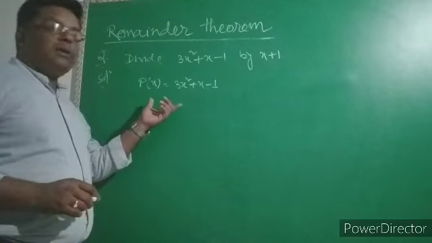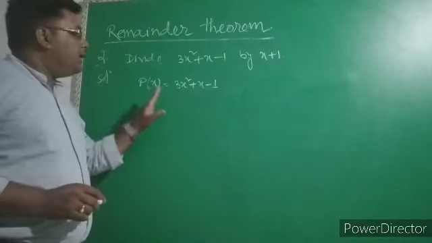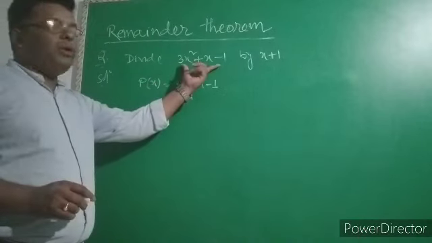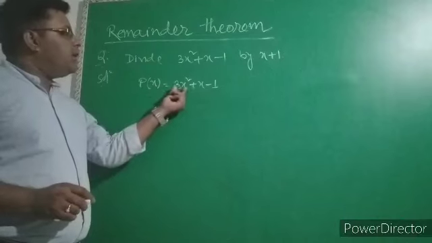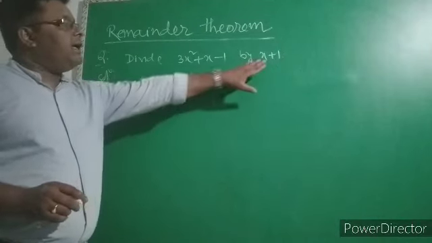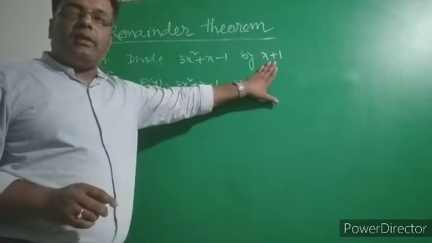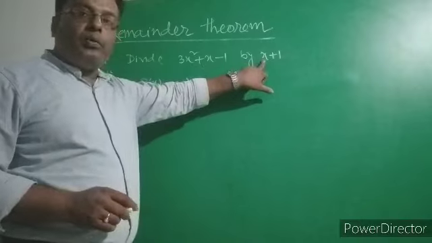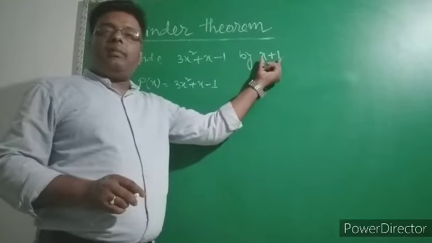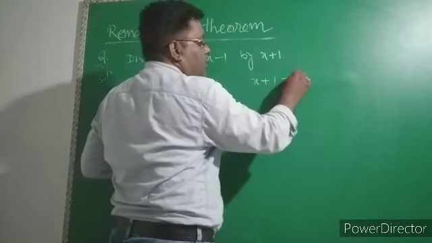Without the long division, if we want only the remainder, then we take this polynomial as p(x), that is, a polynomial of x. Suppose 3x square plus x minus 1, and the divisor is x plus 1. First we have to find the zero of this divisor. Zero means the value of x for which x plus 1 becomes 0.